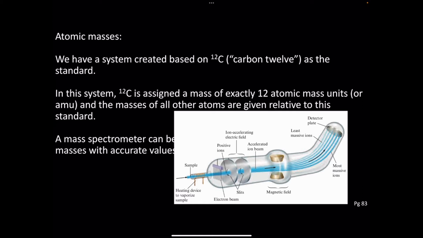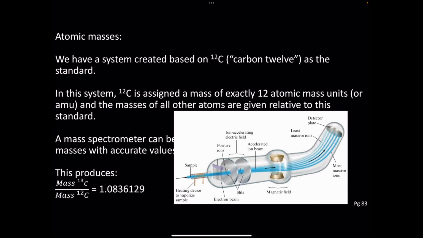As it's accelerated, they're pressed through a magnetic field. Those that are heaviest move the least, based on inertia, right? If something's going in one direction, the heavier it is, the more difficult it is to move, or the greater mass, rather.